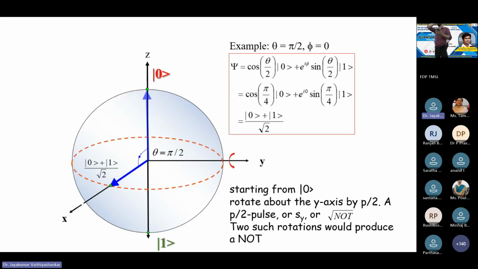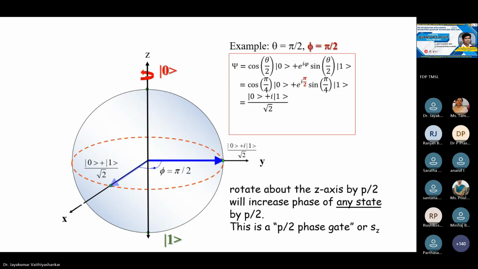Then if you apply delta equal to pi by 2, it will create equal superposition, the Hadamard gate. If you apply psi equal to pi by 2, the second angle, it will convert any real component into an imaginary component. That is about state 0 plus i, state 1.